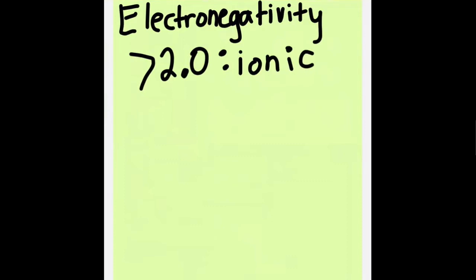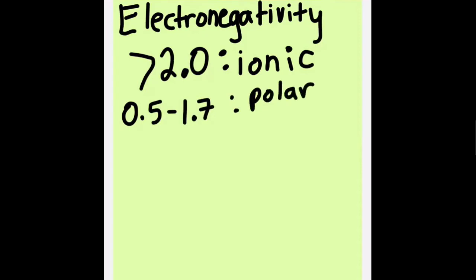If the electronegativity difference is between 0.5 and 1.7, then it is a polar covalent bond.